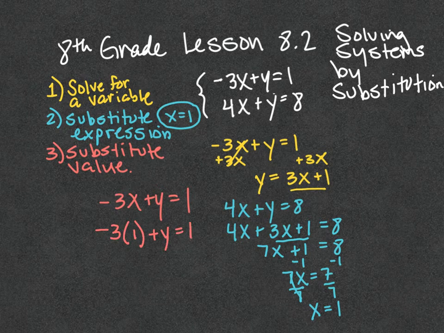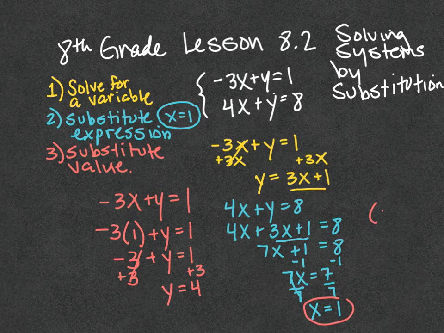And I will solve for y now. Negative 3 times 1 is negative 3. Then I'll use inverse operations to isolate the variable y. The opposite of negative 3 is positive 3, added to both sides of the equation. Y equals 1 plus 3, which is 4.